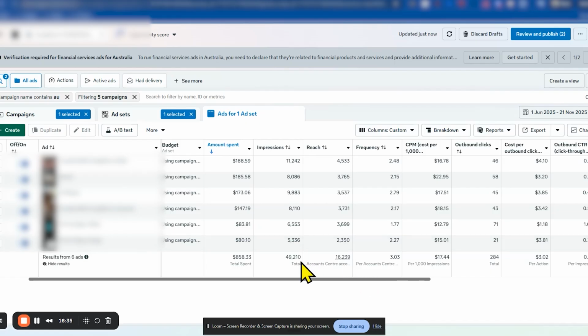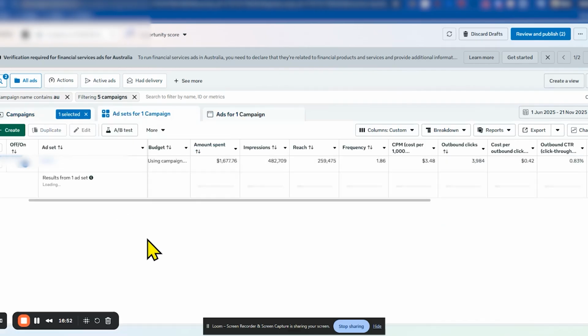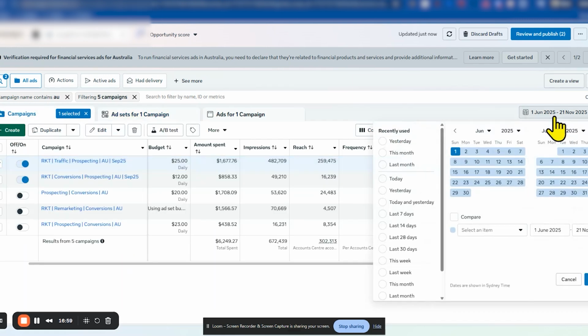Like it's definitely working. The last thing that I'm going to quickly discuss is, look, I think it's working, right? What I've also done is I've used this Andromeda structure. So the exact same structure, I've literally put the exact same creatives in this traffic campaign. The exact same creatives, right? And this is my theory, and I think it's working, because I am seeing cheaper cost per website visitors.